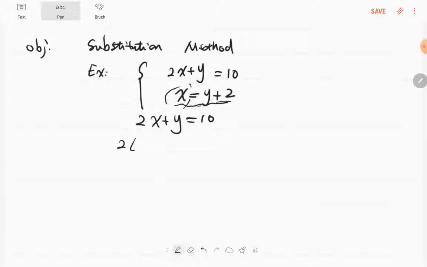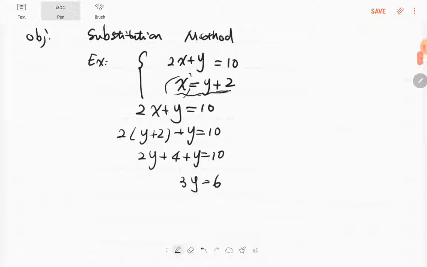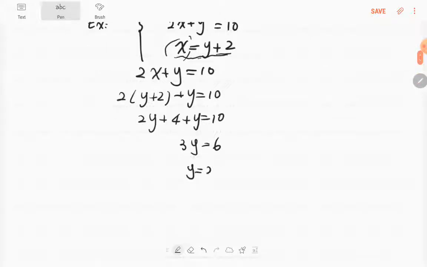We directly use y plus 2 to substitute x. Now we only have one variable. So we need to simplify and combine the terms. We will have y is equal to 2.